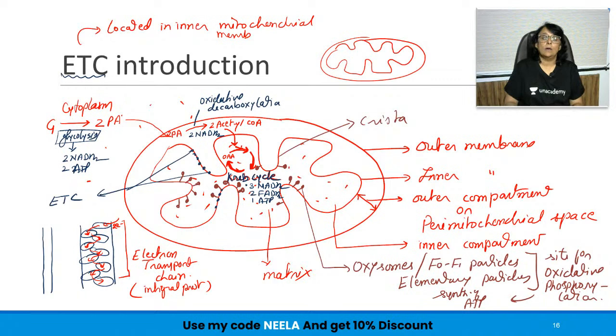Okay, so in the next class we will start with the electron transport chain. One thing you have to check before that: in the new NCERT book, an electron transport chain diagram is given. Go through that diagram and try to understand it. There is a text also given next to that diagram.